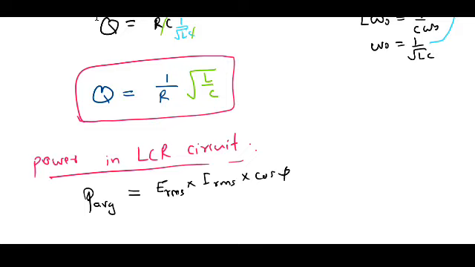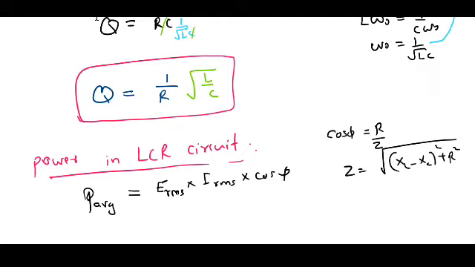The cos phi we have already defined as R by Z, where Z is equal to root of (XL minus XC) whole square plus R square. So this can be written as ERMS into IRMS into R by Z. According to the question, you can modify the equation for the power factor and also the average power.